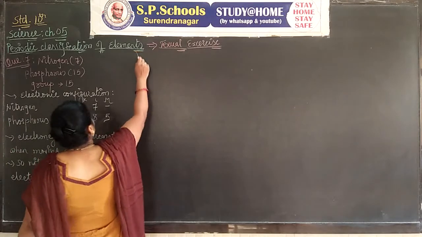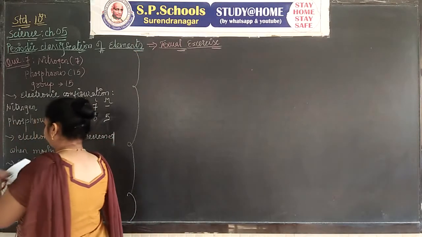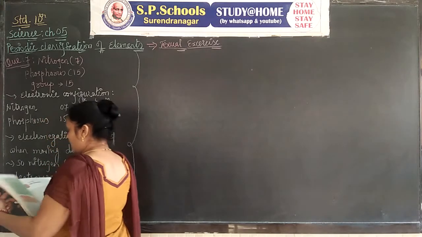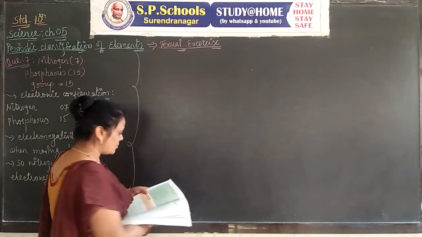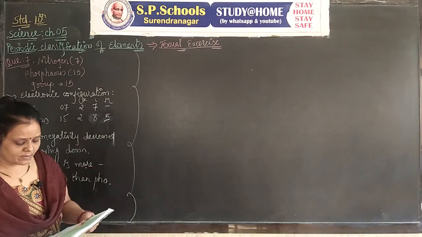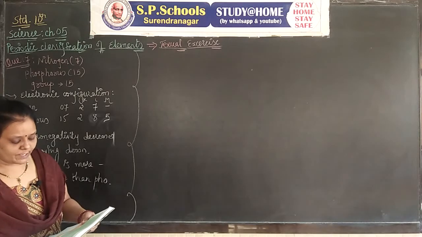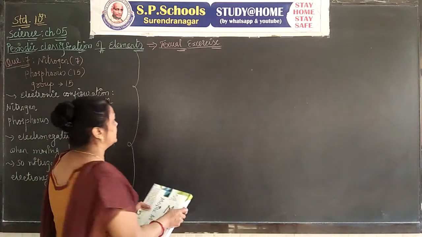Let's continue with question number 8. Question number 8 says that how does the electronic configuration of an element relate to its position in the modern periodic table?